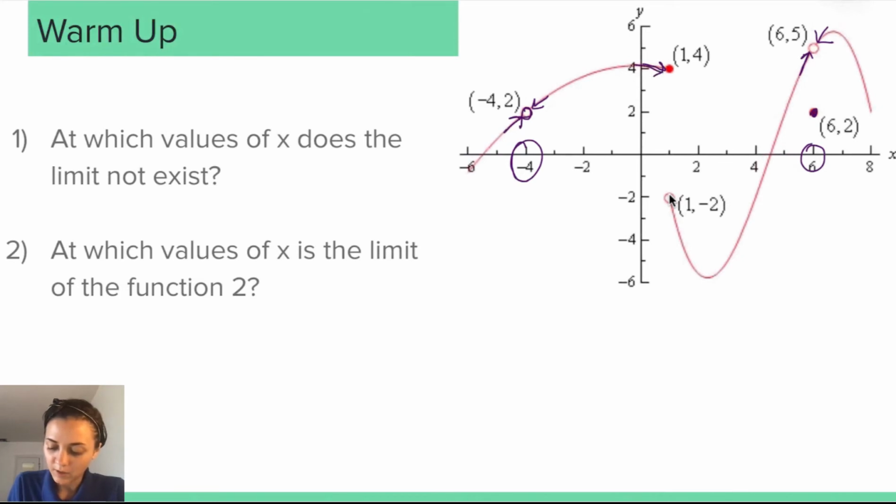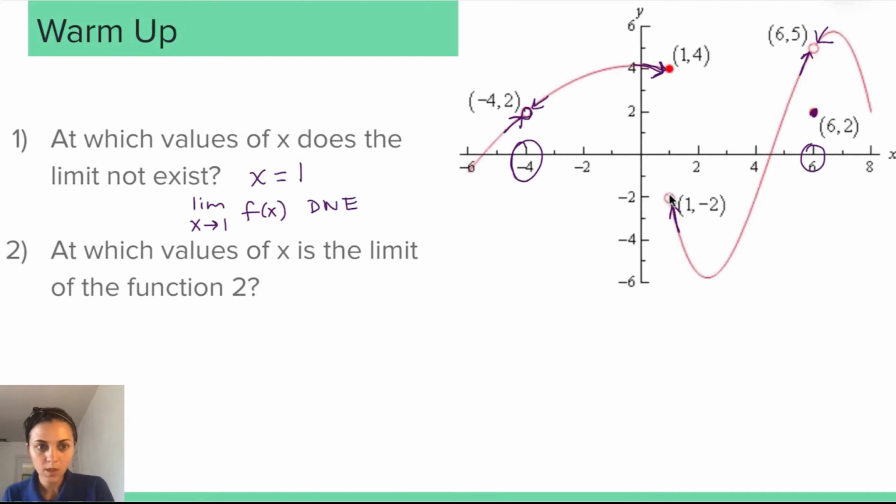So the limit from the left as x approaches 1 is 4, and the limit as x approaches 1 from the right is -2. So at x equals 1, the limit does not exist. And if we were to write this out in full function limit notation, we would say the limit as x approaches 1 of f of x does not exist.